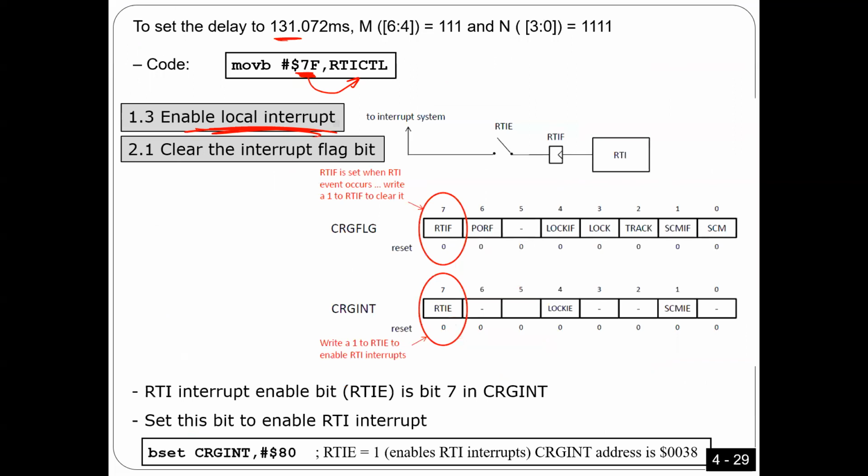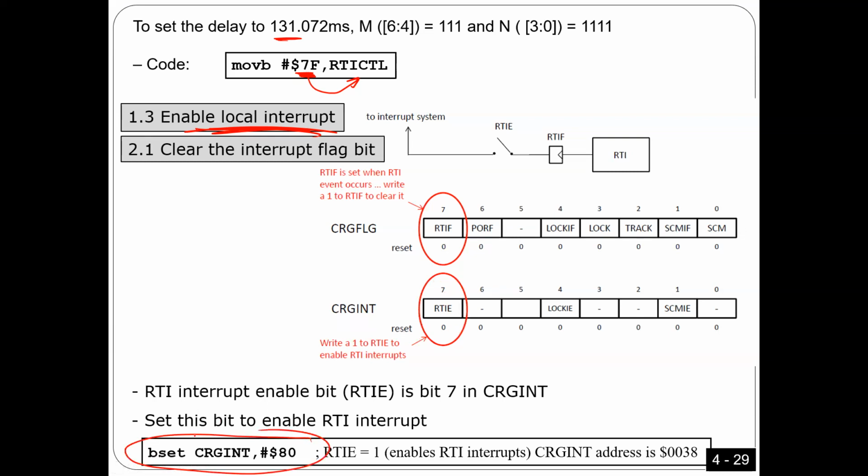So where is the enable bit? Actually the enable bit is in a register we call CRIGINT. This bit here is the enable bit. If you want to enable interrupts, you write 1 here. If you want to disable interrupts, you just put 0 here. That's it. Look here, guys. You have to write something like that in the main program.